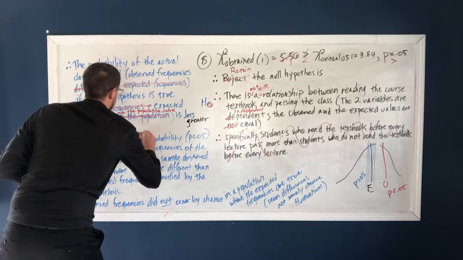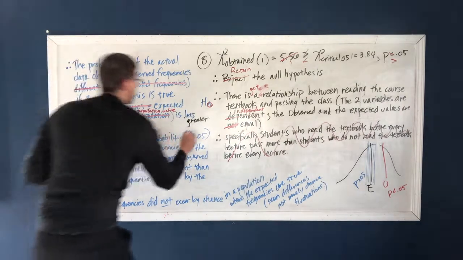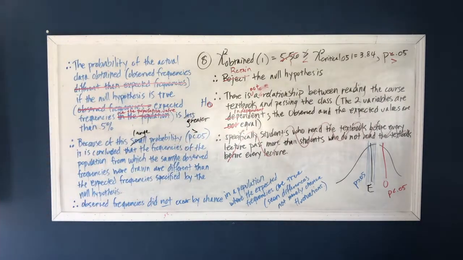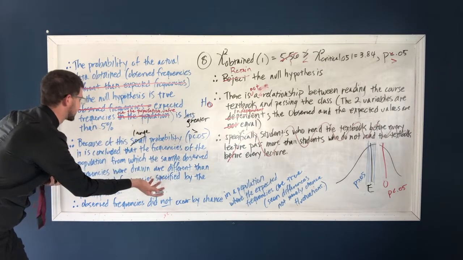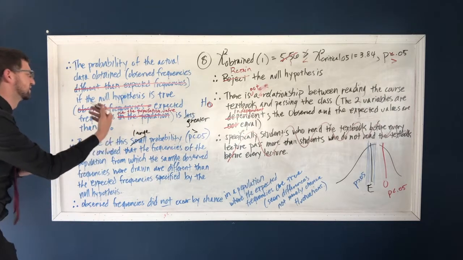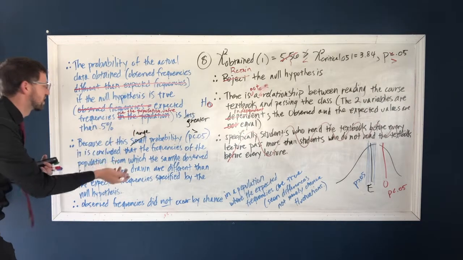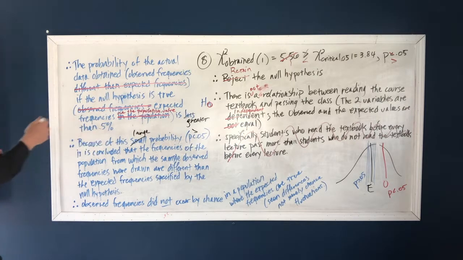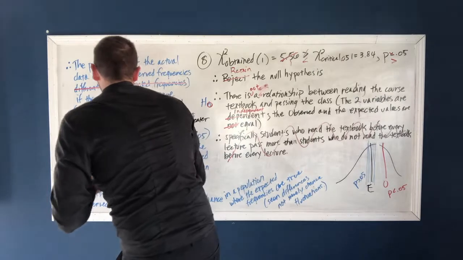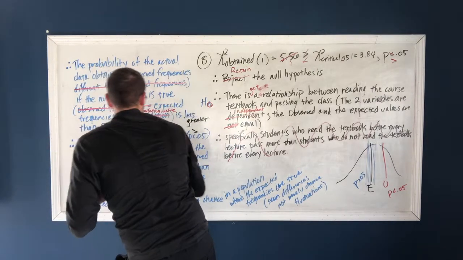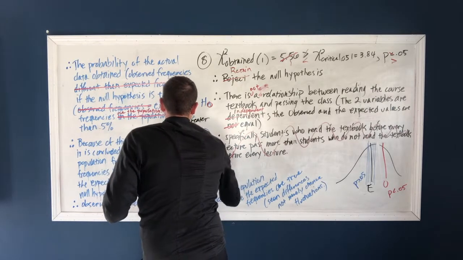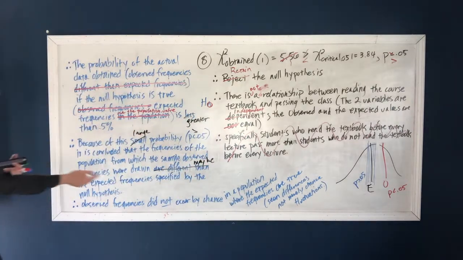Because of this large probability, P is greater than 0.05, it is concluded that the frequencies of the population from which the sample observed frequencies were drawn may be the expected frequencies specified by the null hypothesis.